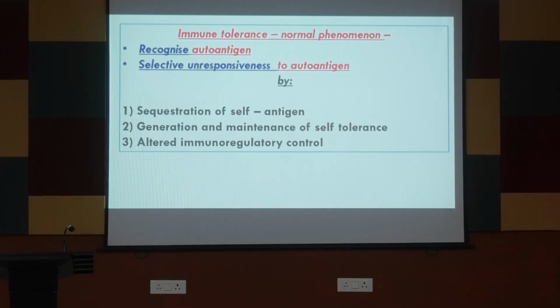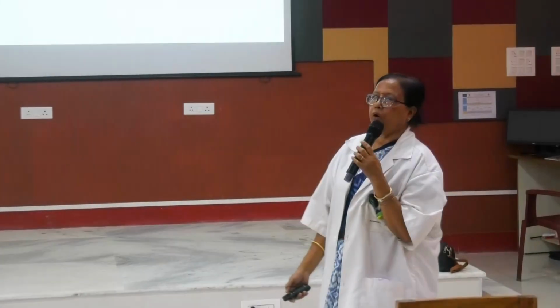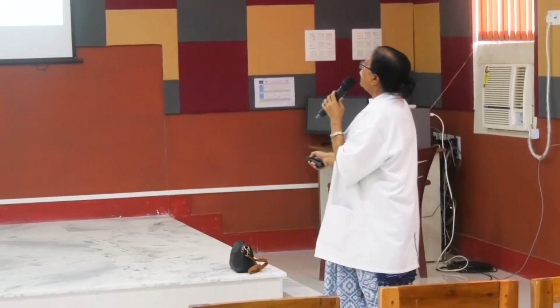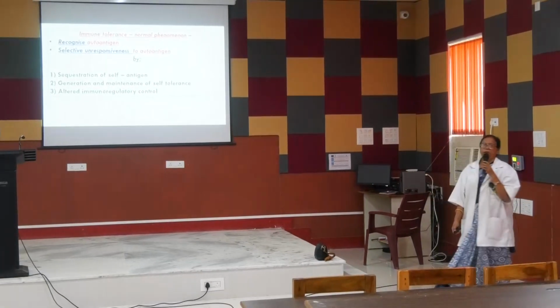Now, what is that tolerance? How do they withstand normally in the human being? They will not react. We have self antigen in the whole body, still they do not react. This is called tolerance. How does it occur? By the recognition of that antigen and selective unresponsiveness to that autoantigen.